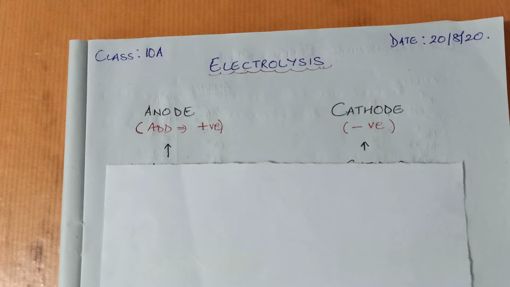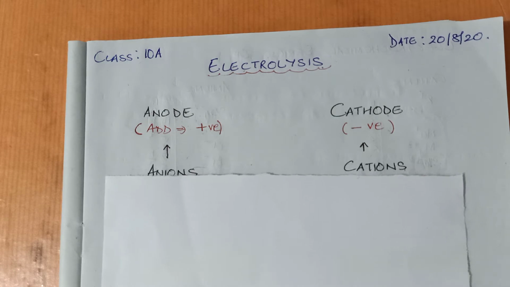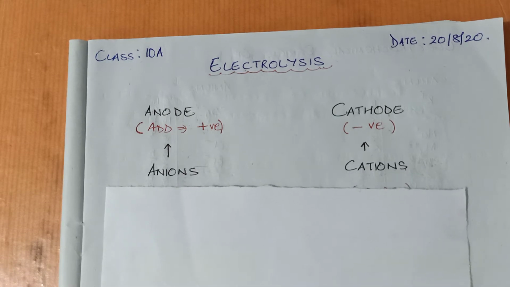Since electrolysis involves the movement of ions, we have to understand which ion moves towards which electrode. So let us go to our second stage of today's class. We know the basic concept of charges: opposite charges attract each other.